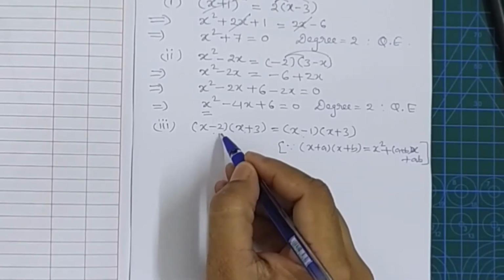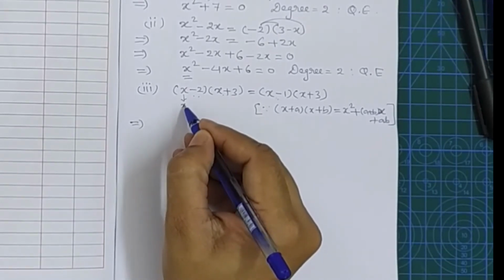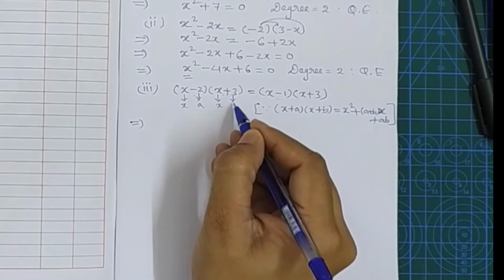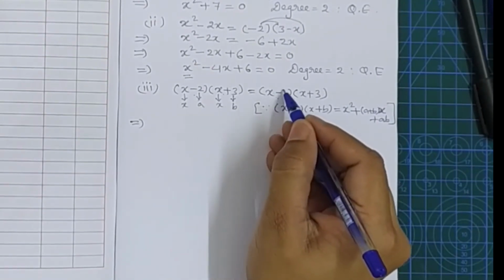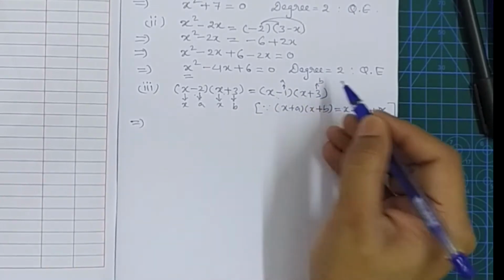So on the left side, this is x, minus 2 is a, and plus 3 is b. On the right side, this is x, a is minus 1, and b is plus 3.